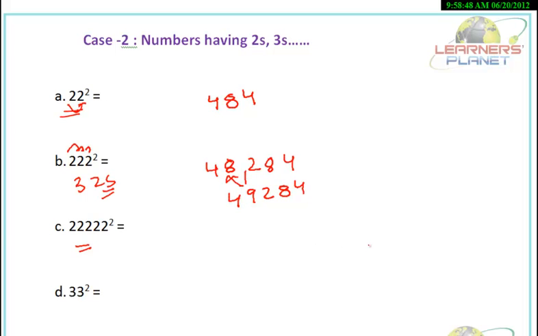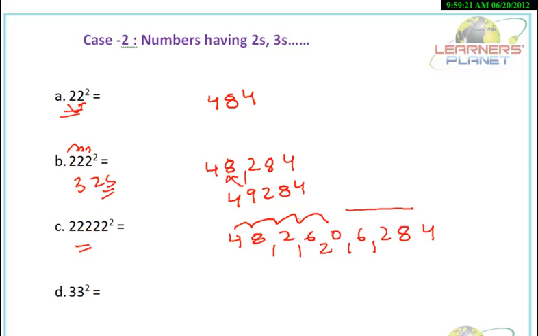Now 4 2's are 8, 4 3's are 12, 4 4's are 16, 4 5's are 20, then further 16, then 12, then 8, and then 4.